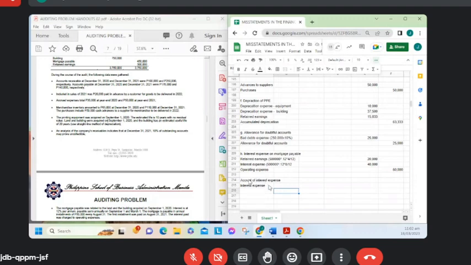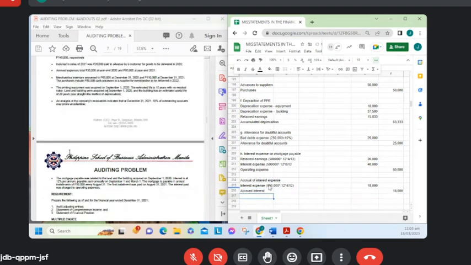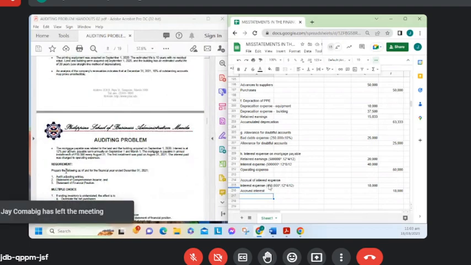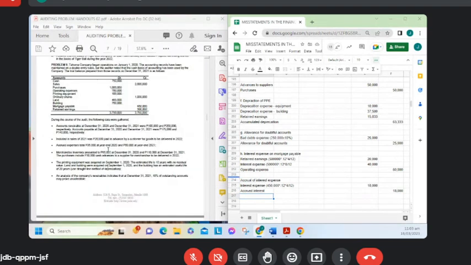So that's 450,000, 450,000 na lang kasi nagbayad na ng 50,000, no? Times 4 divided by 12. So that's 450,000 times 0.12 times 4 divided by 12. Okay? Accrued interest, 18,000 pesos. All right, so that's the adjusting entries for the given additional information.